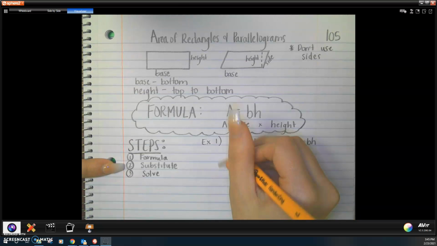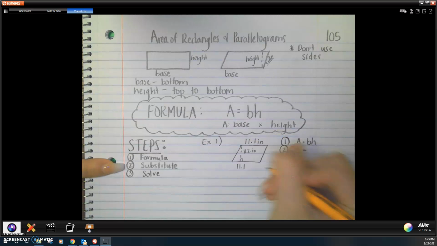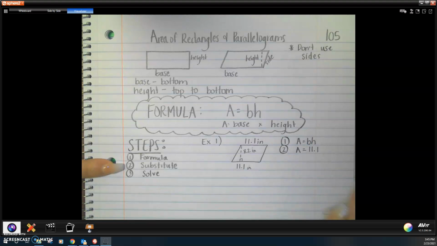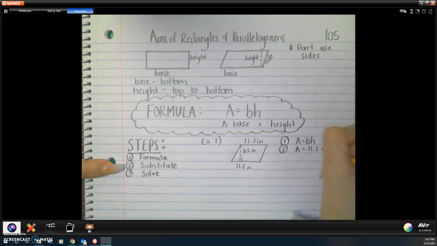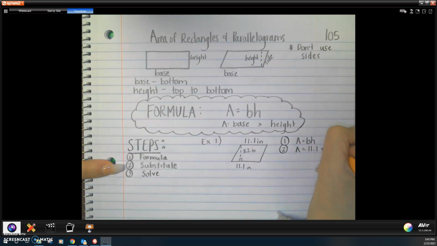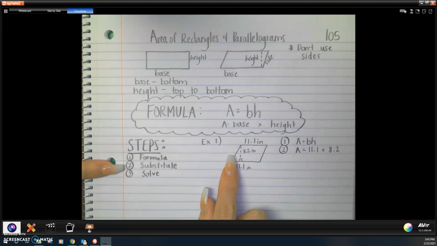So this bottom piece also represents 11.1 inches. So that's going to represent my base. And then times our height, which is 8.2. Sometimes they're going to have a number right here on the side to try and confuse you and trick you. You always want to use the one that is straight, not slanted, straight. You never use these sides.